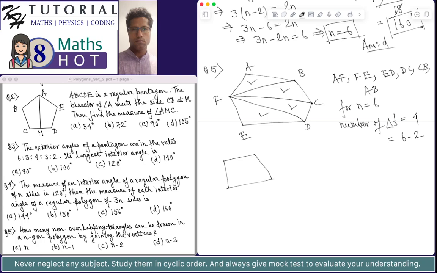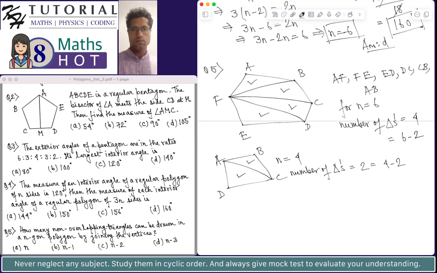We can only make 2. If ABCD is the quadrilateral, a polygon having 4 sides, by joining the vertices A and C, we can make 2 non-overlapping triangles. So for this quadrilateral, n is equal to 4, and the number of non-overlapping triangles is clearly 2, which is 4 minus 2.